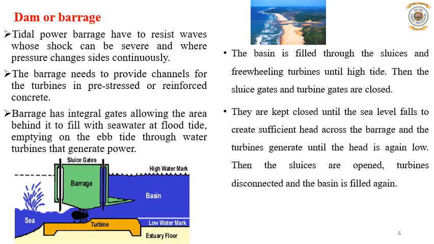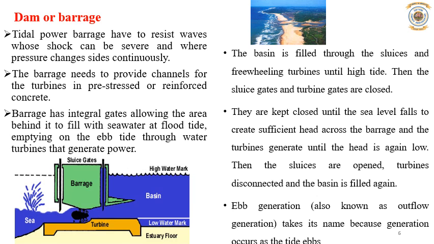They are kept closed until the sea level falls to create a sufficient head across the barrage and the turbines, which will generate power until the head is again low. Then the sluices are opened, the turbines are disconnected, and the basin is filled again. Ebb generation is also known as outflow generation, because generation occurs as the tide ebbs.